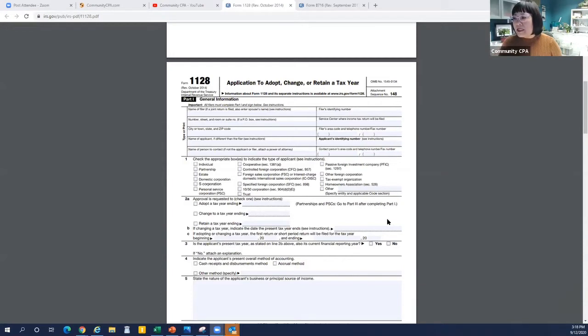Application to adopt, change, or retain a tax year. All right, so this is where you will come in and get your tax year reorganized. Like I said, if you are going from January to December, and now you suddenly think that, after I hear Ying talking, it sounded like I should be November to October, then what you do is, in 2020, in this year, you will file a short year from January to the end of October 31st and attach this Form 1128.